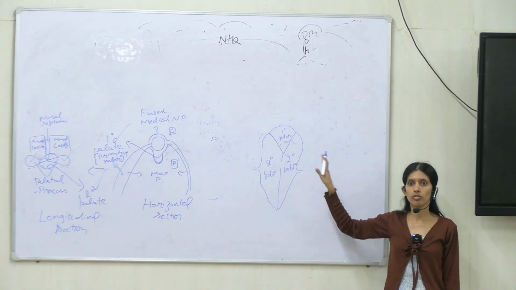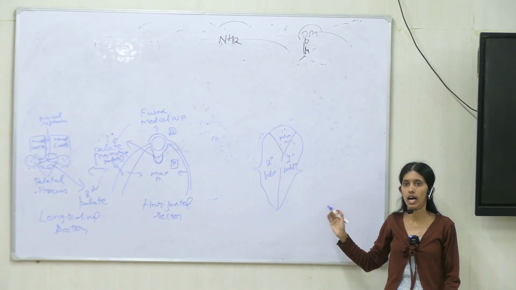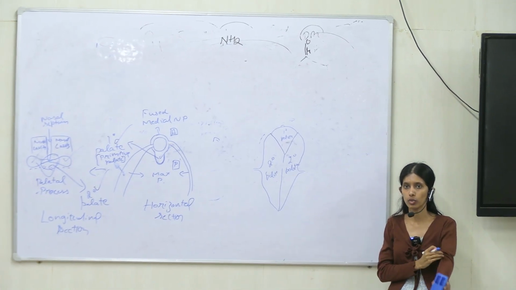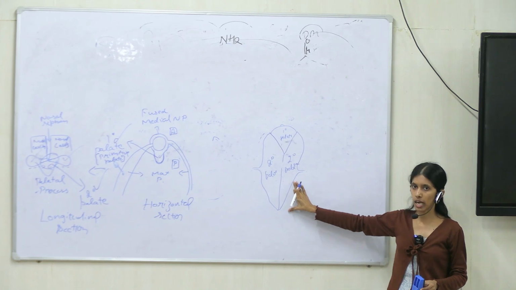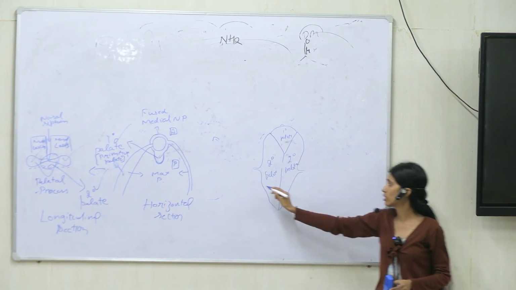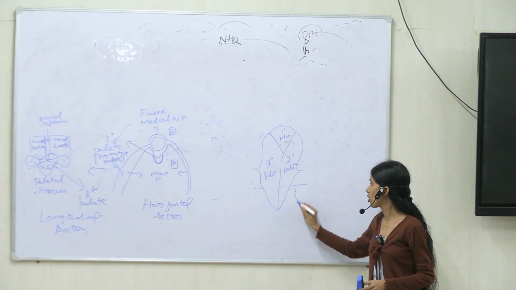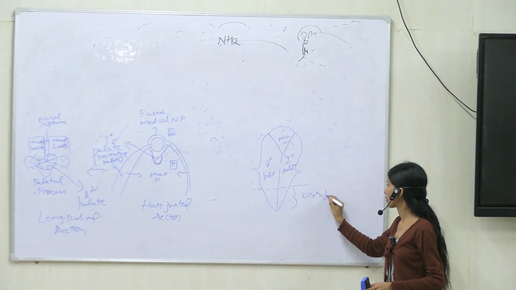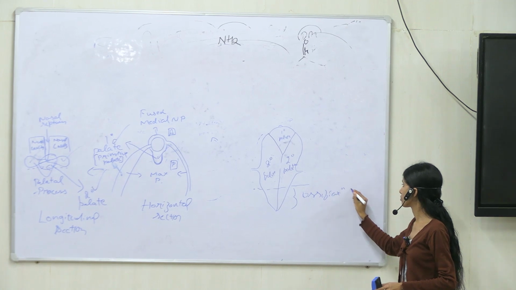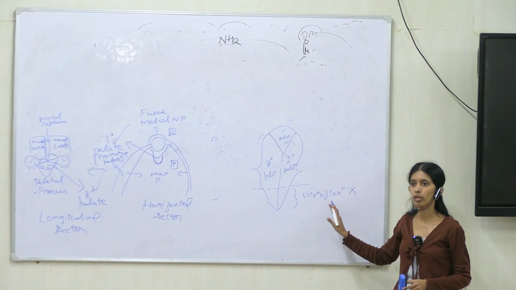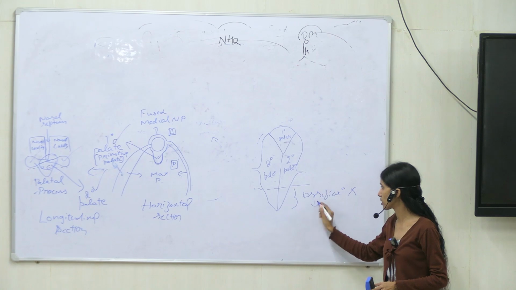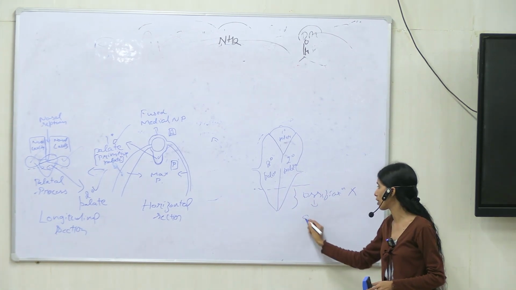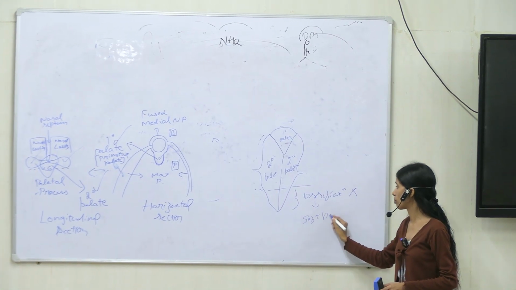Okay. So now from this structure your hard and soft palate is going to develop. The posterior part of this fusion structure, that means this section, will not undergo any ossification. So there will be no ossification. As a result, this part is going to develop as a soft palate.